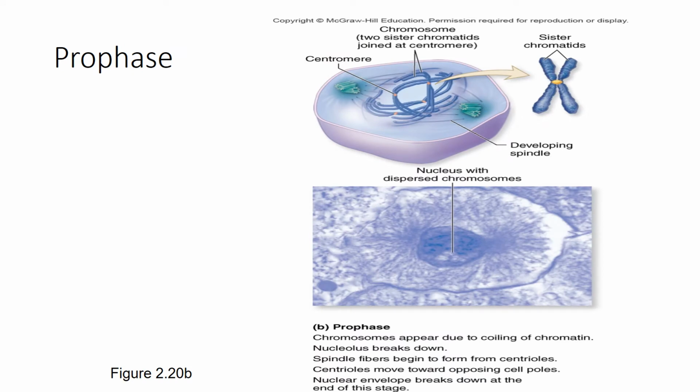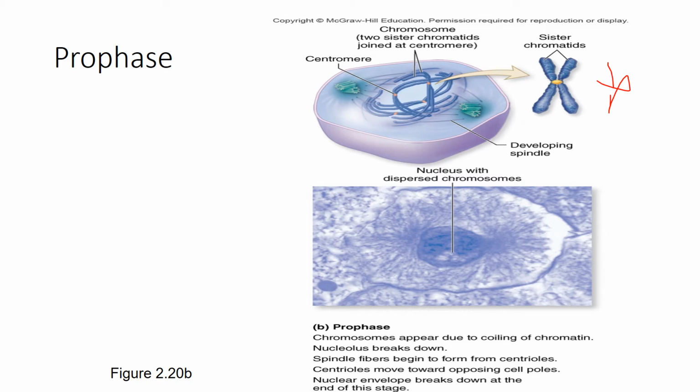All right, so the first stage of mitosis we're looking at is prophase. Prophase is going to be the start of mitosis. Here chromatin is going to become supercoiled into short, dense chromosomes, and here is the image. This is important because we're getting an increase in surface area in a small volume.